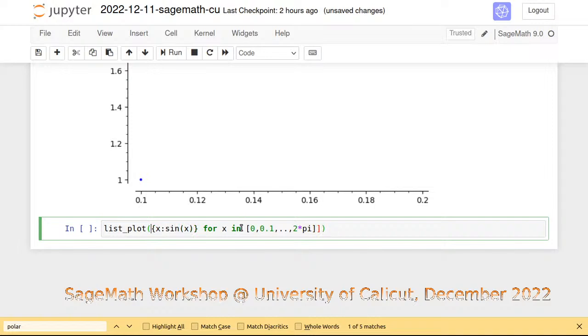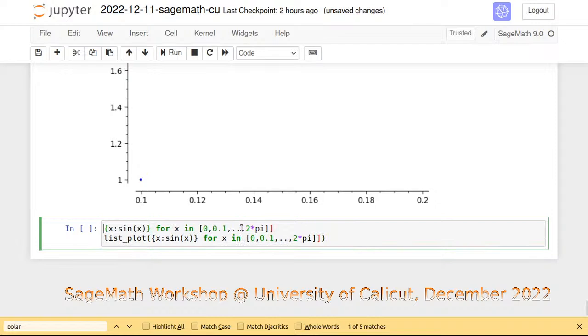What is the result of this? This may not actually work. Okay, let me just make all the points here. What I want is x sin x. I am just saying PTS, I am just making all these x sin x's.